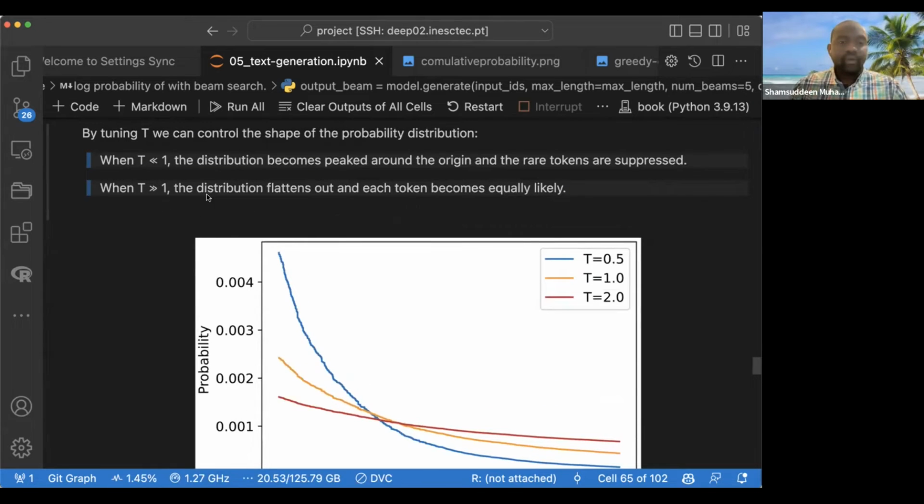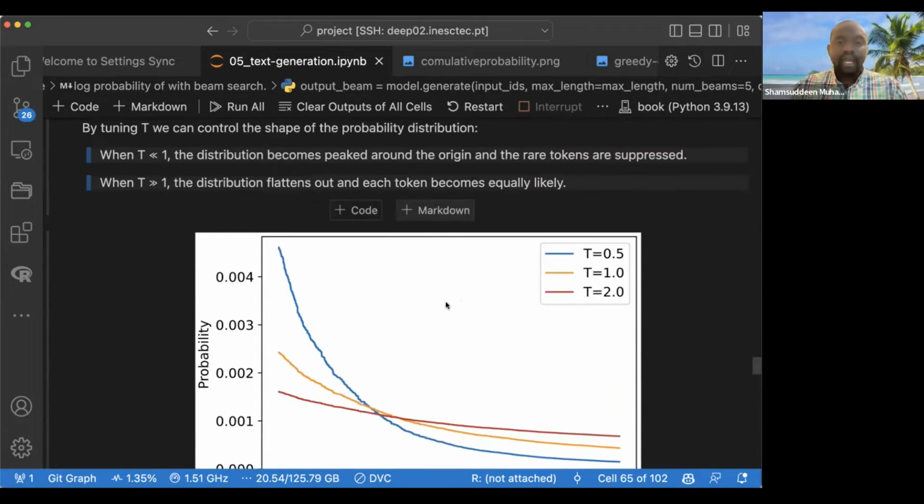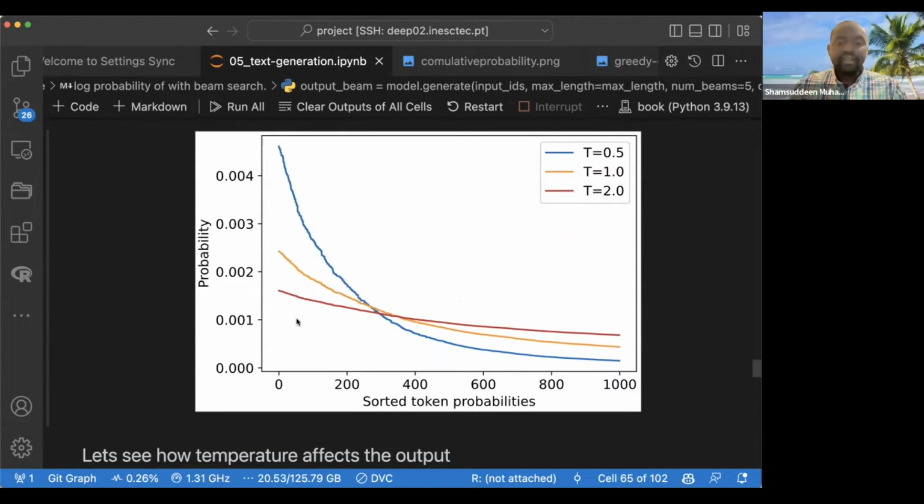And when t is greater than 1, the distribution flattens out and each token becomes equally likely. When the temperature is larger, the distribution flattens like this, and the tokens will have nearly the same probabilities. So it will produce garbage because it's not telling us which one has the highest probability.